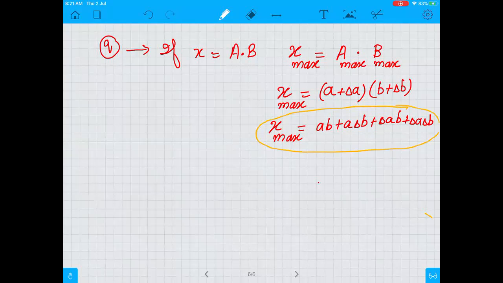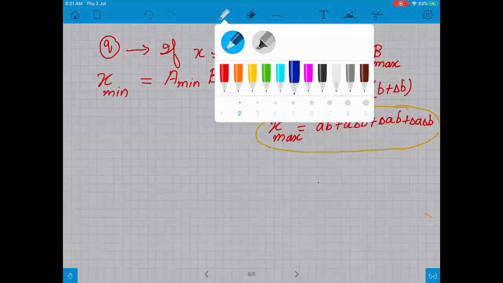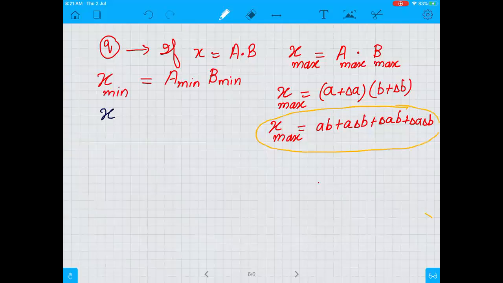Now let's write the minimum value of x. The minimum value of x will be the product of the minimum value of a and the minimum value of b. So the minimum value of x would be equal to the minimum value of a into the minimum value of b.